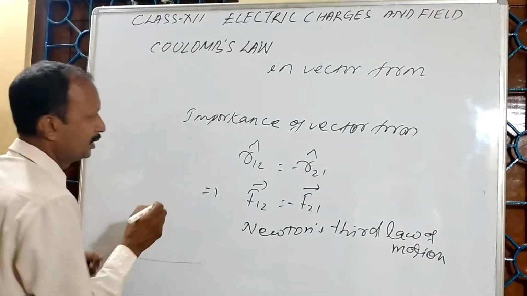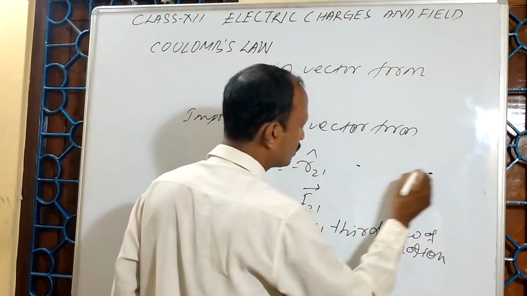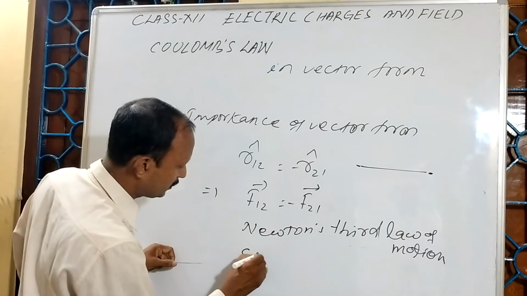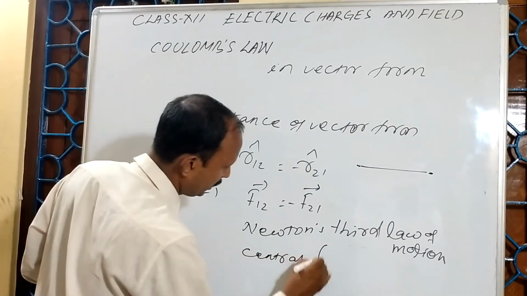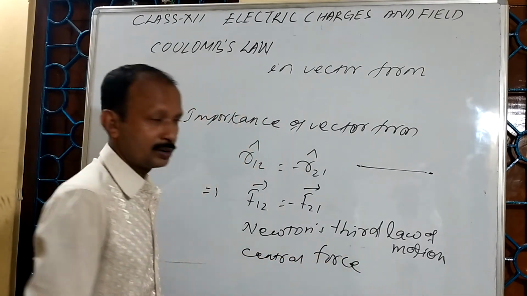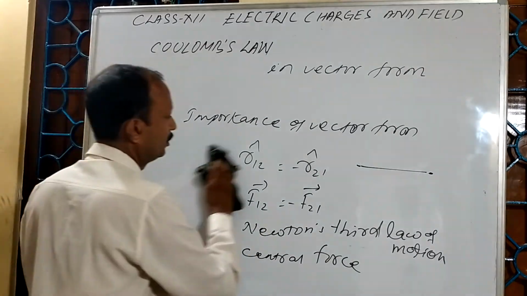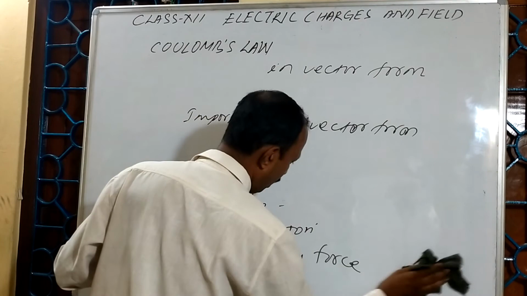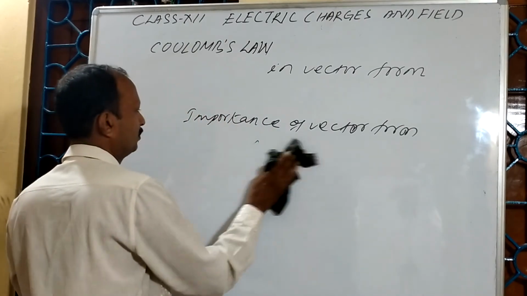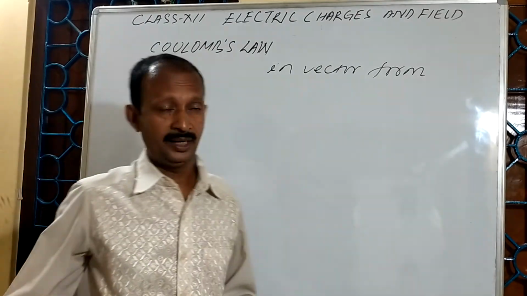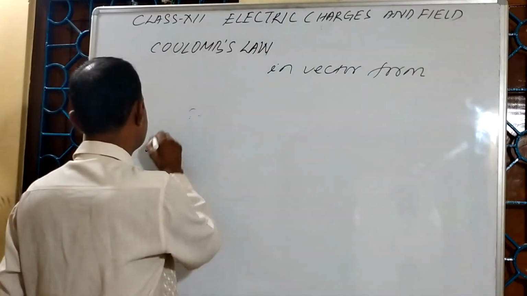Second point is that since these forces are acting along the line, we can say it is a central force. So these are the importance of the expression of Coulomb's law in vector form. But there are some limitations. What are the limitations?